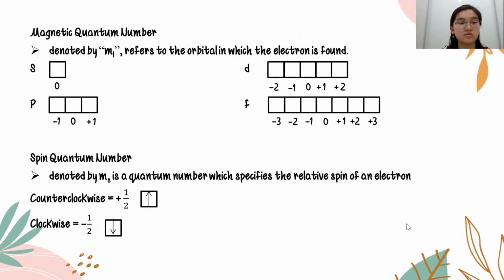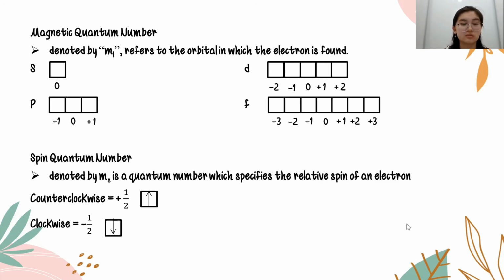The S has 1 box, so only 0, and then the P means -1, 0, plus 1, the D means -2, -1, 0, plus 1, plus 2, the F means -3, -2, -1, 0, plus 1, plus 2, plus 3.